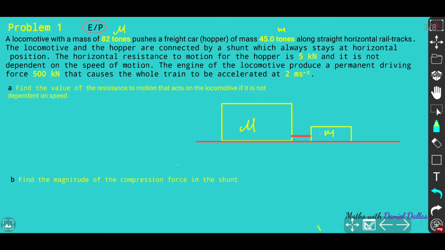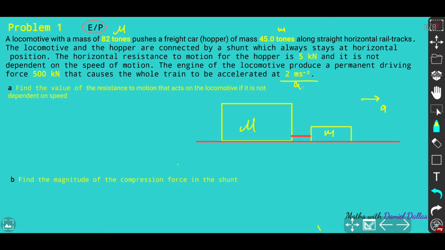Okay, so the locomotive pushes the hopper which is in front of it, and you see that a permanent driving force of 500 kilonewtons is applied, which means the engine of the locomotive produced this force. So everything accelerates with the same uniform acceleration, which is constant, 2 meters per second squared. Okay, that's the acceleration.